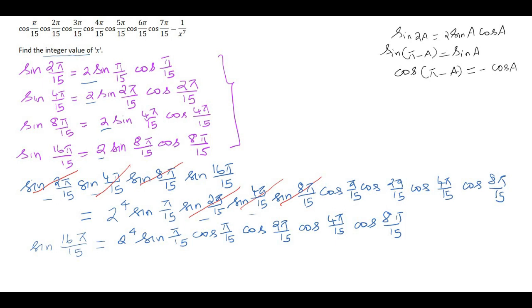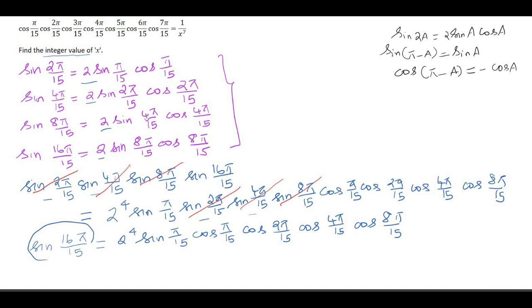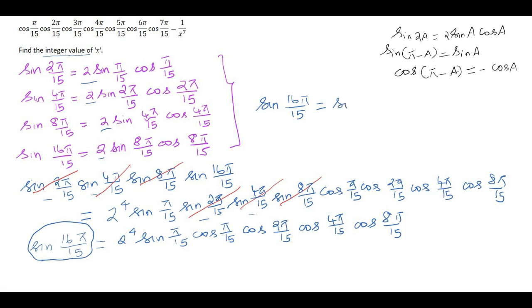Okay, now the sin 16 pi by 15 can be written as sin pi minus 16 pi by 15, which is equal to sin minus pi by 15, which is minus sin pi by 15.